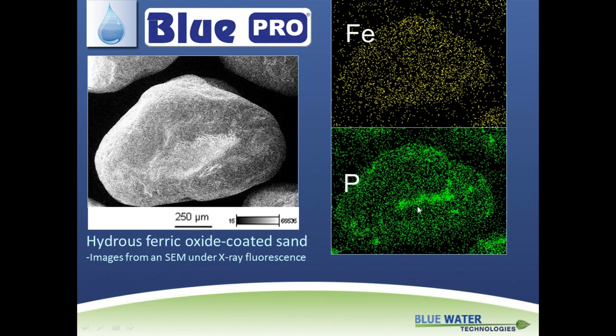That's what's being analyzed in this particular SEM slide. But again, we have huge application for a variety of the transition metals, mercury, non-metals like arsenic and selenium, etc. So that's the basis of the technology. All of the chemistry happens at the surface of the media.